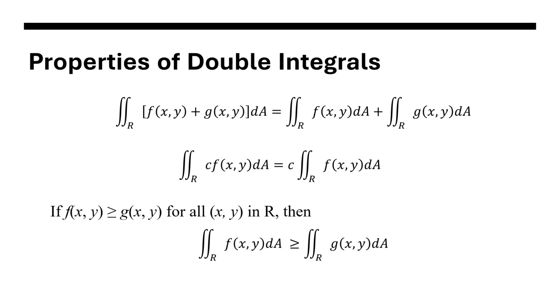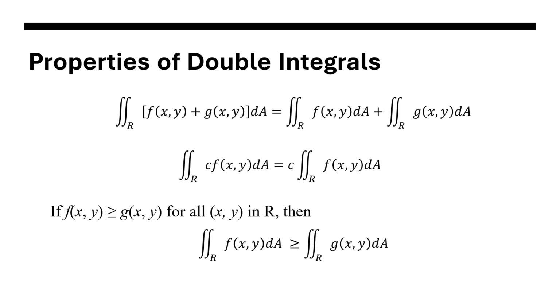First, the double integral of the sum of two functions: the double integral of f of xy plus g of xy dA is equal to the double integral of f of xy dA plus the double integral of g of xy dA.